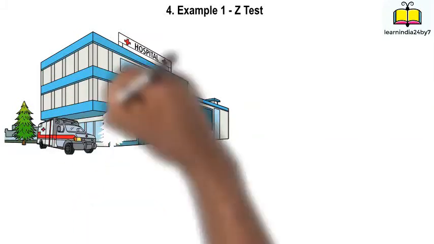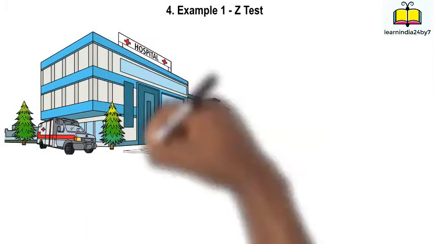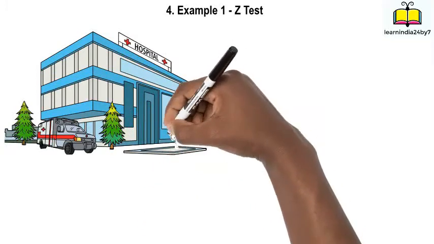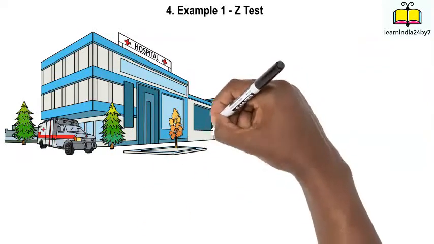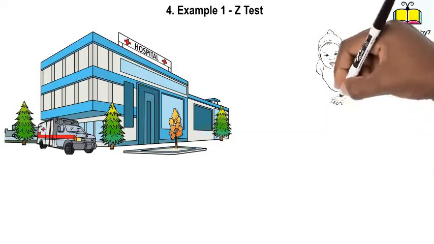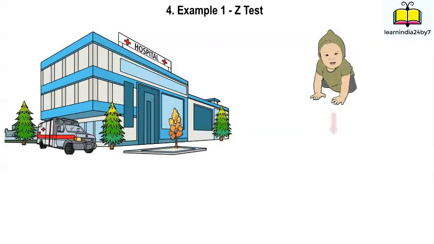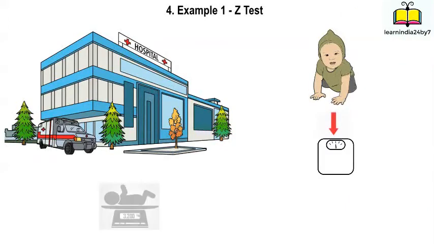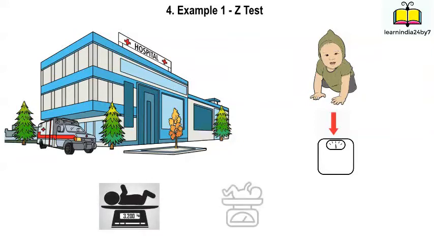Imagine you are working at a hospital and looking at birth weights of 30 newborn male babies. You would like to study and conclude that babies born at this hospital are heavier than the national weight of newborn babies.